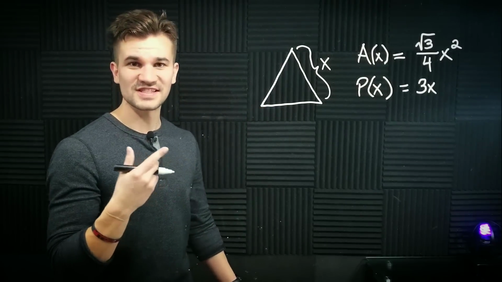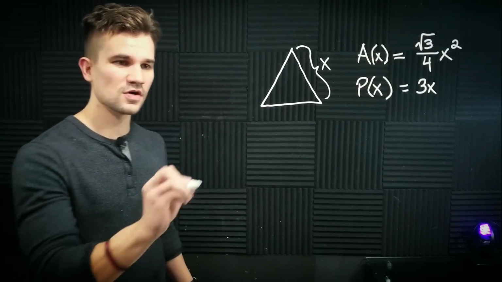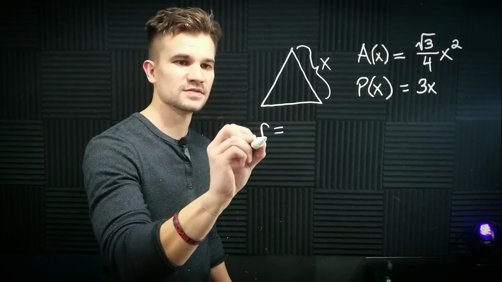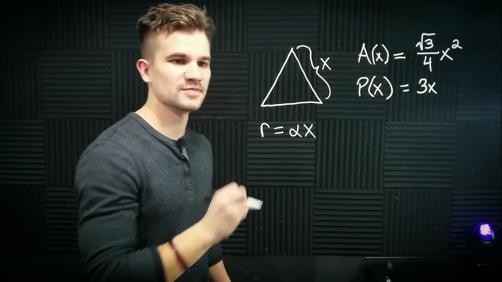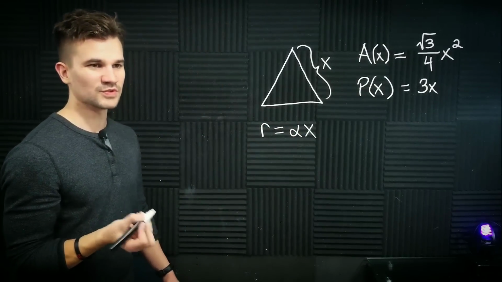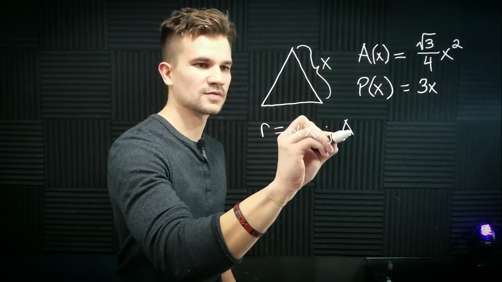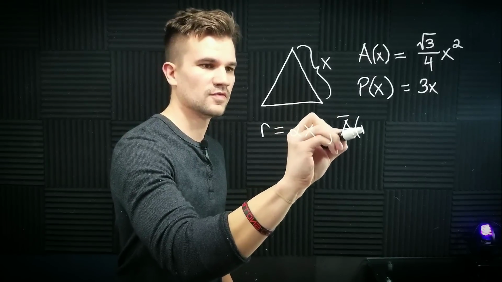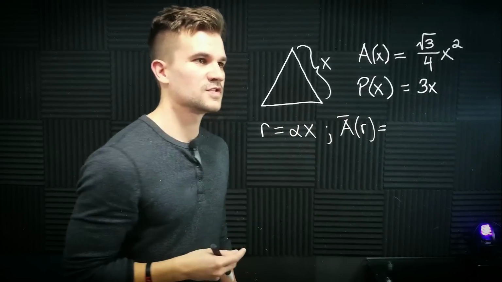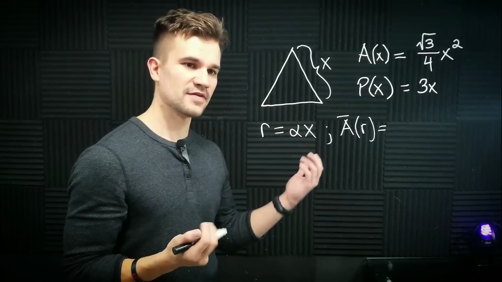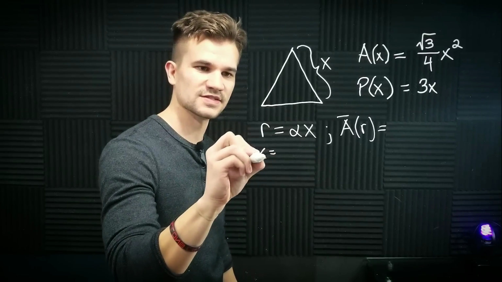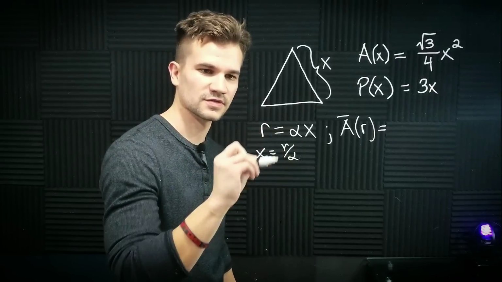So we're going to proceed exactly like before, and we're going to call r some new measurement, and it's going to be equal to alpha times x. So we'll define our new functions. So A bar of r, so before we had x squared, so now, well, x first of all is r over alpha.